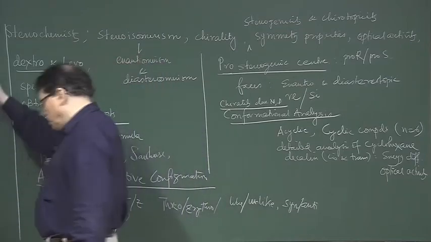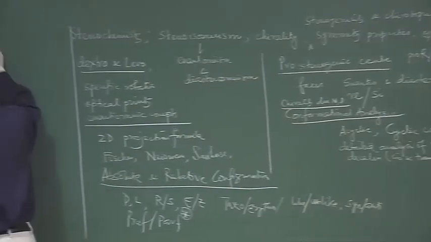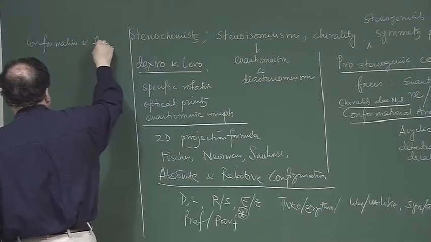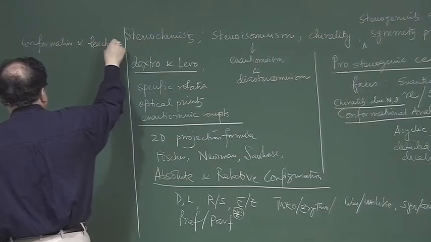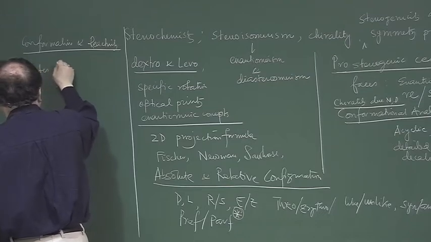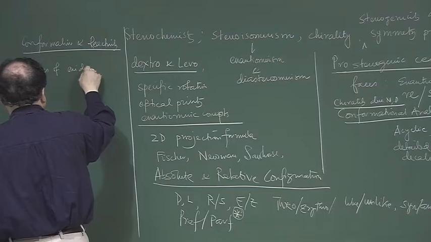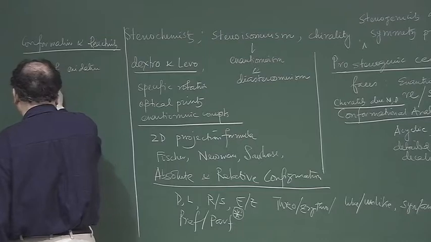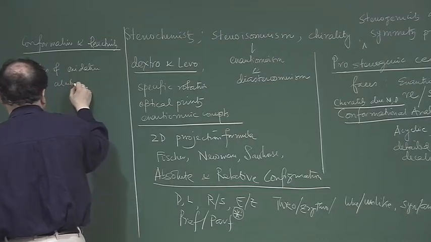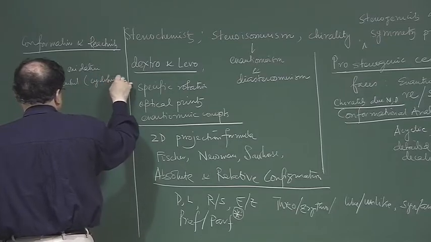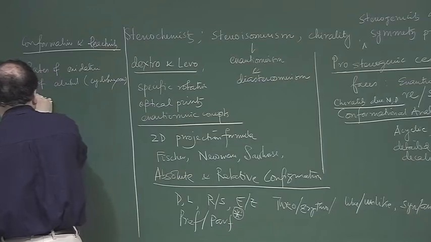Then we went for conformation and reactivity. So, we went for rates of oxidation. We have given some examples, rate of oxidation of alcohols in a cyclohexane system, and we have done the rate of reduction of carbonyl.